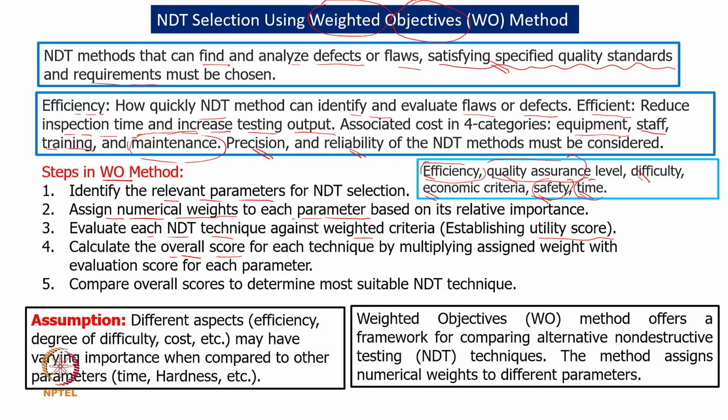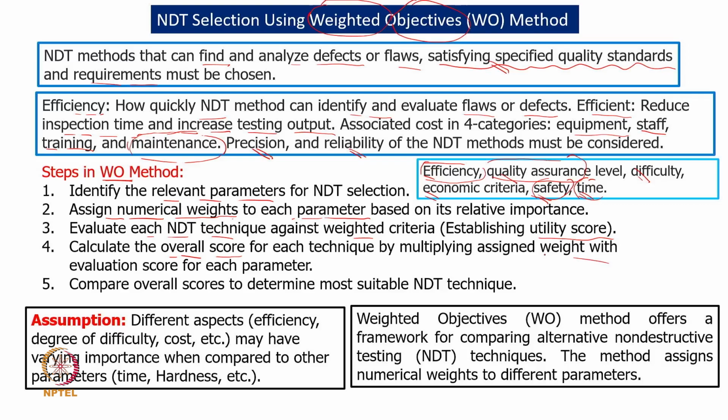We can give a ranking based on 10 points, 5 points, or 100 points. I will be selecting the 10-point based ranking, that is, out of 10, what is the score of each technique we are trying to select, and then the highest score may be selected. Whether you want the highest value or the lowest value to be selected will be explained in this lecture.